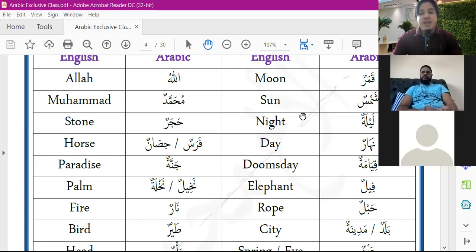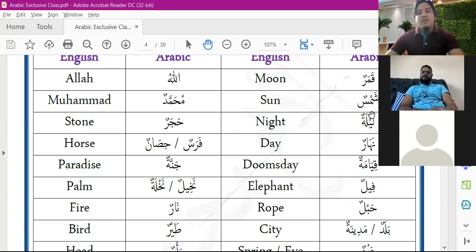For example, I want to use Shamsun in an Arabic sentence. I will say, Ashamsu tatla'u fin nahar. The sun is rising at day. Is it correct? That is by audio. Then I will reply to your audio, inshallah, by audio.